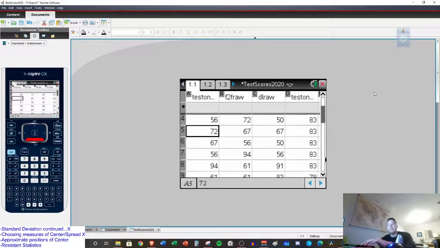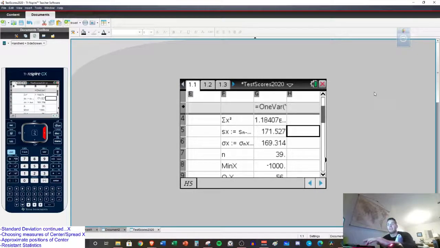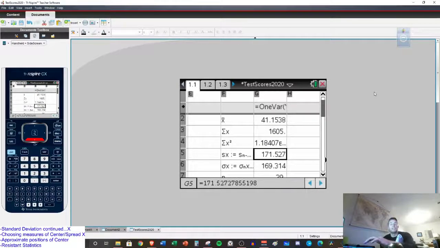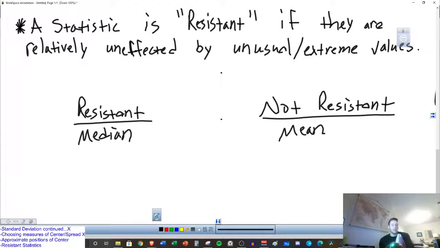It's hundreds of values away. Standard deviation, 171. It's a humongous change. Okay, so we are going to say that standard deviation is not resistant. So we're going to put that in this column, standard deviation.